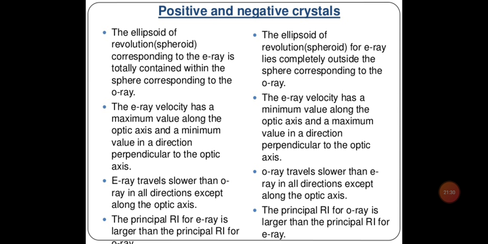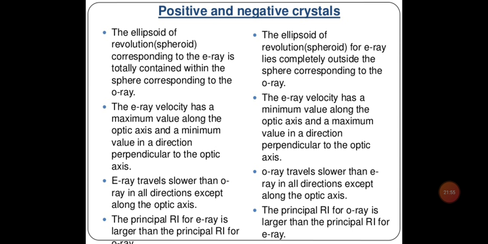And the refractive index for the extraordinary ray is more than that of the ordinary ray, meaning mu E is greater than mu O, except along the optic axis, because along the optic axis the velocity of the two rays is equal, so their refractive index is also equal, right? So quartz and ice are examples of this type of crystal.